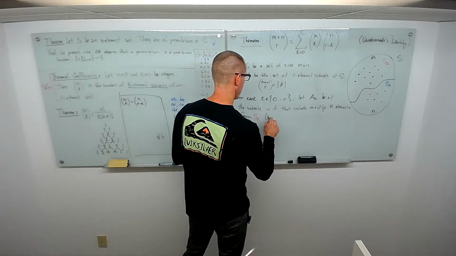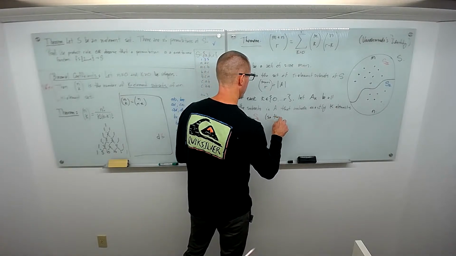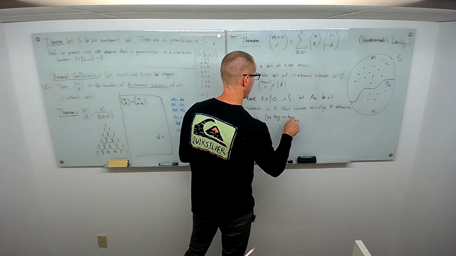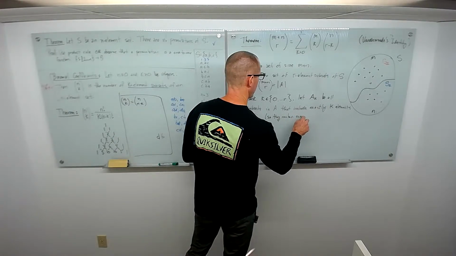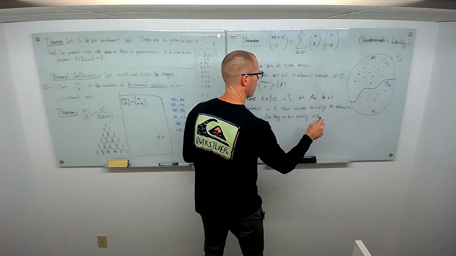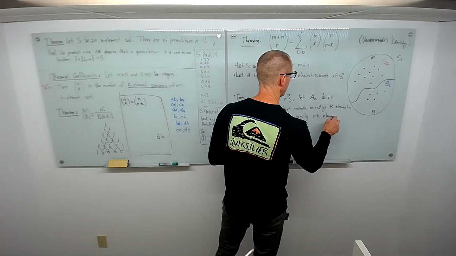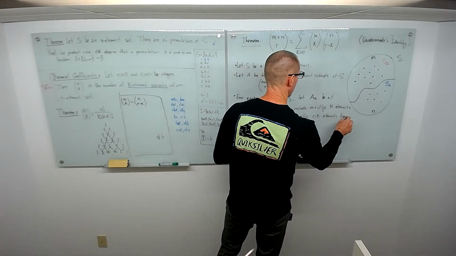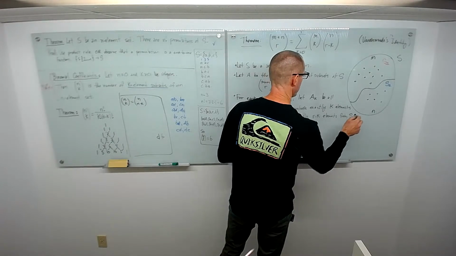Which means they contain exactly R minus K elements from S2.